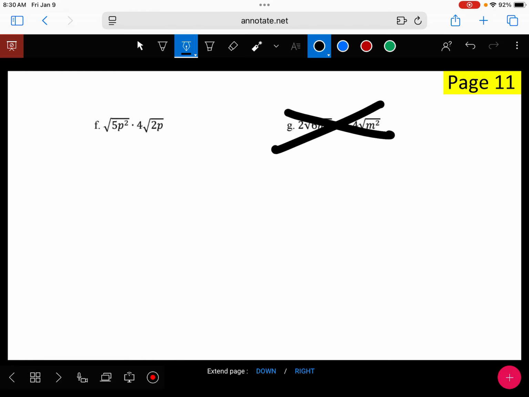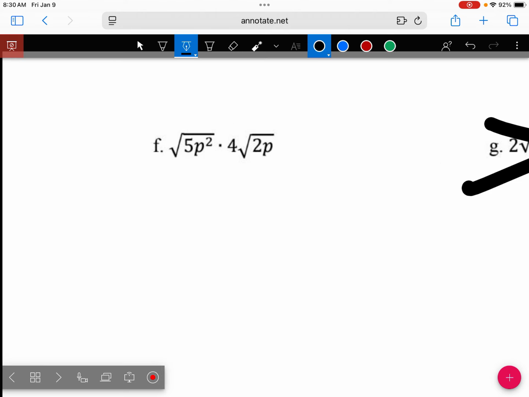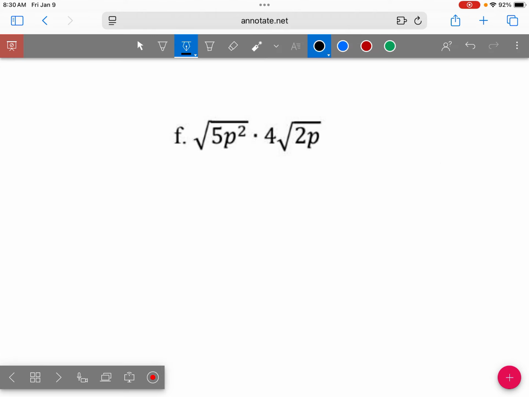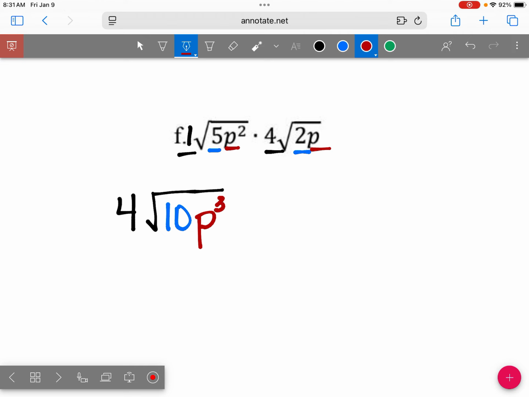All right. So I'm going to skip G, but let's go to F. So we have a 4 on the outside. So we're multiplying 4 times 1, so that would be a 4. And then underneath my radical, I have 5 times 2, which is 10. And p squared times p, which is p cubed. All right, so let's see what we can get.